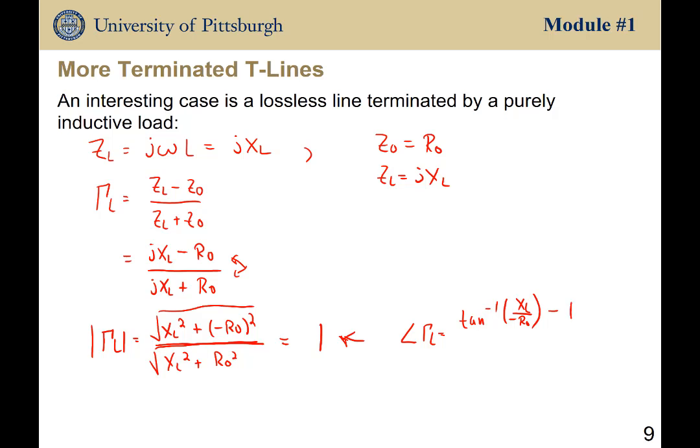So we get tan inverse of XL over R naught. Inverse tangent is an odd function, so I can pull that negative sign out. Then the phase angle is negative 2 times tan inverse of XL over R naught. The degree to which the phase changes depends on the value of XL, the value of R naught, and their ratio to one another.